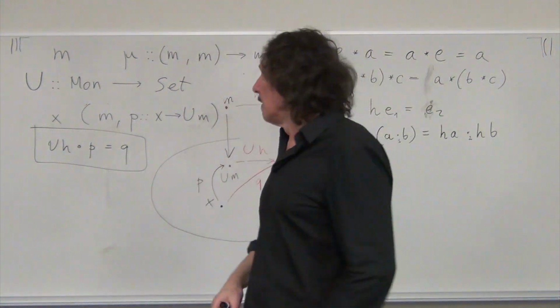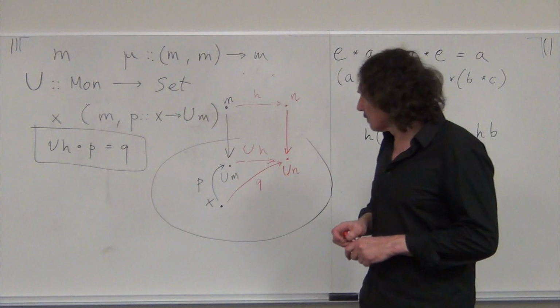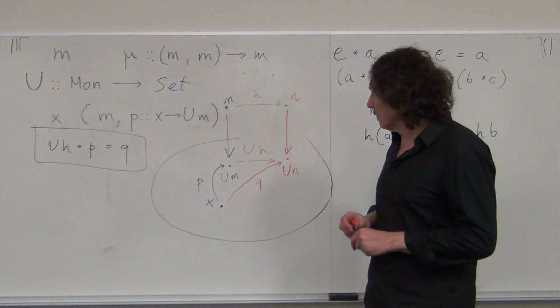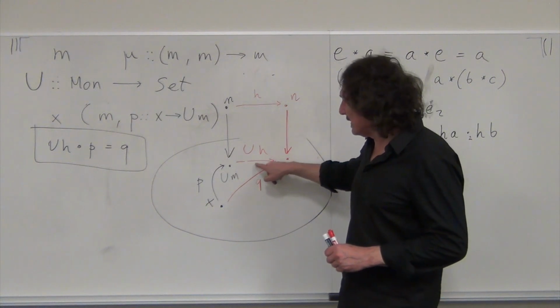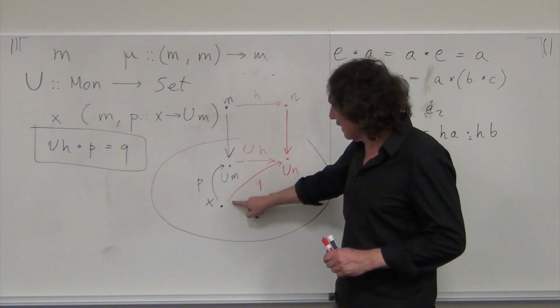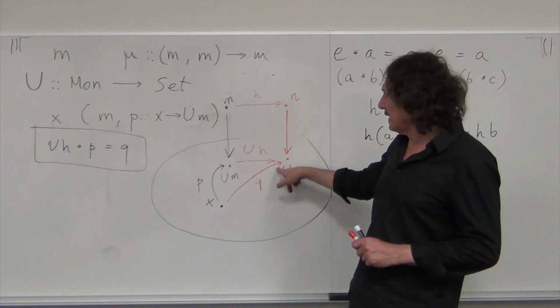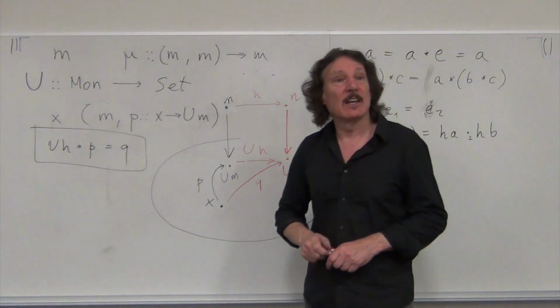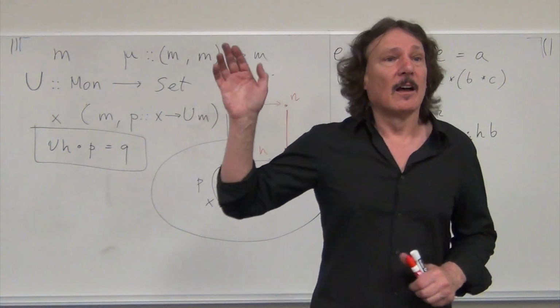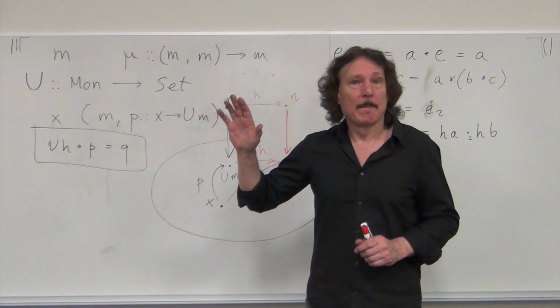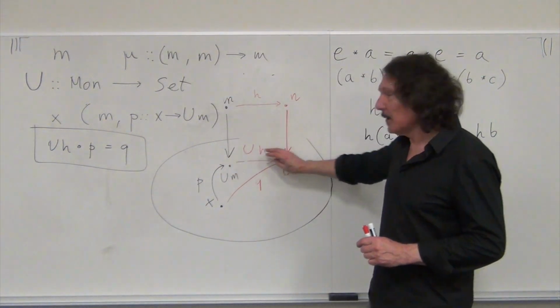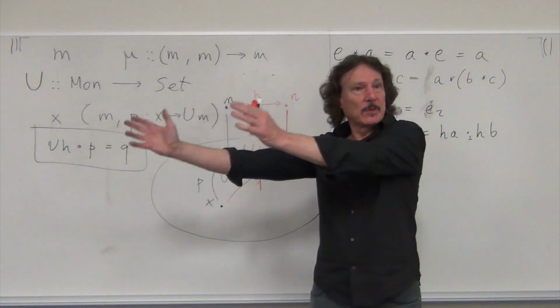Now, what this says is that if we find the same generators in any other monoid, then what can happen is UH maps one monoid into another monoid.